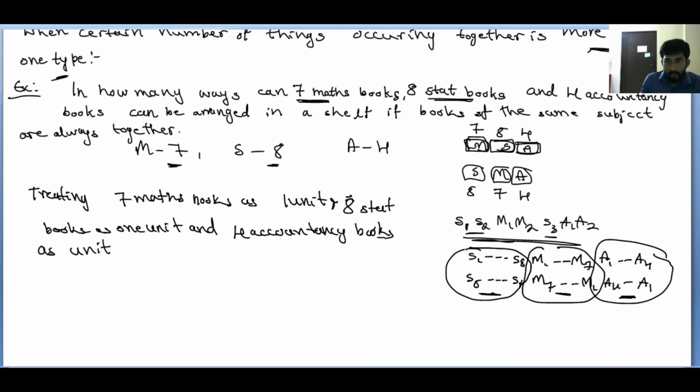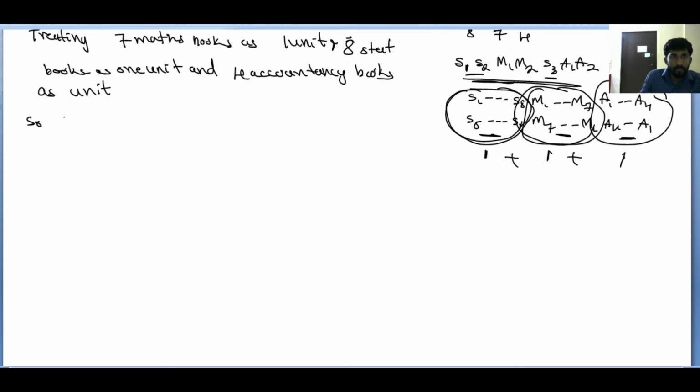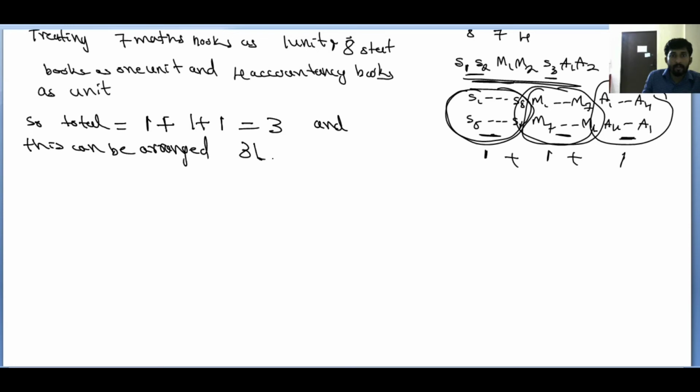Here see, I am doing stat books as one unit, here maths books as one unit and accountancy books as one unit. Now observe, how many units are there? 1, here 1, here 1. 1 unit plus 1 unit plus 1 unit. So total is equal to 1 unit that is maths books, 1 unit that is stat books, 1 unit that is accountancy books. It is equal to 3, and this can be arranged in how many ways? 3 factorial ways.